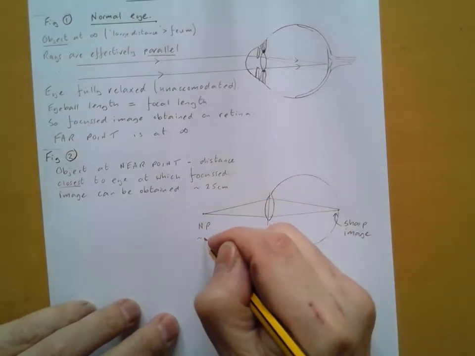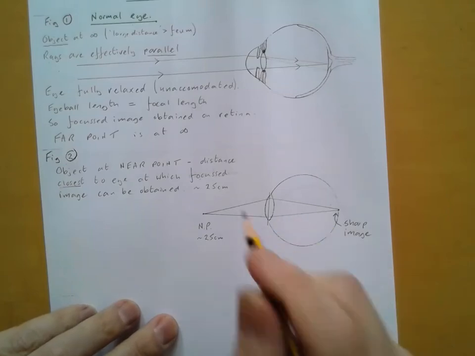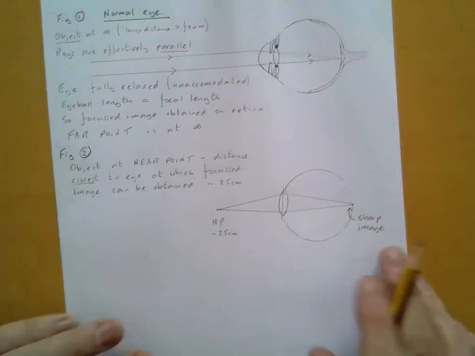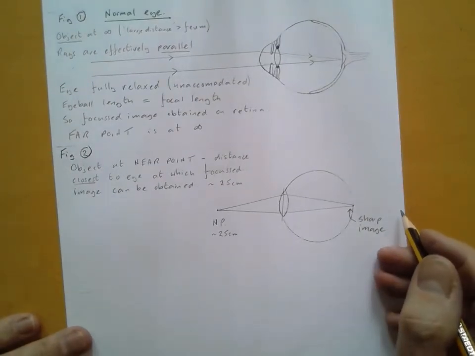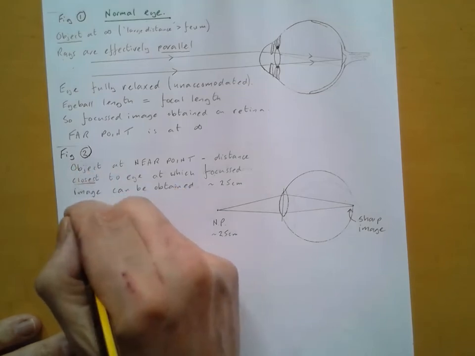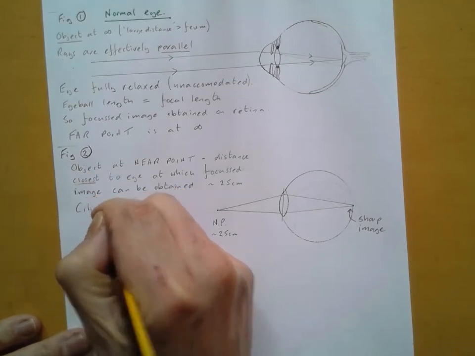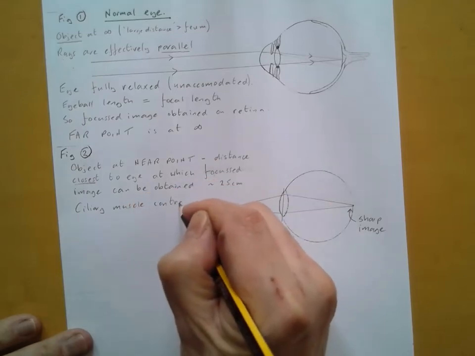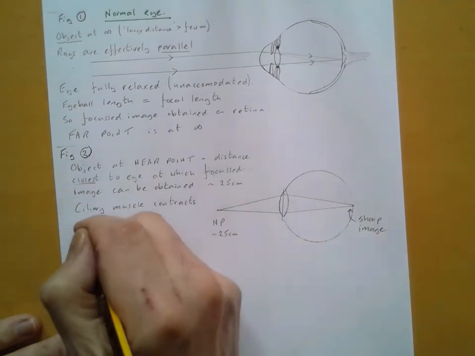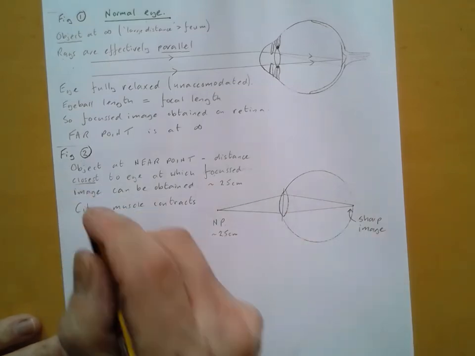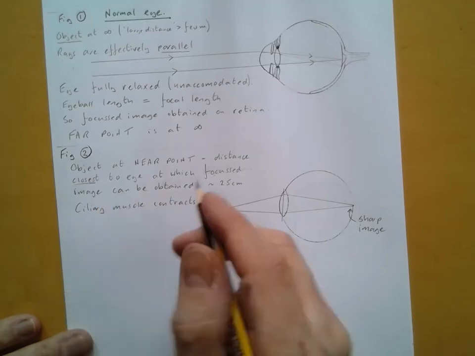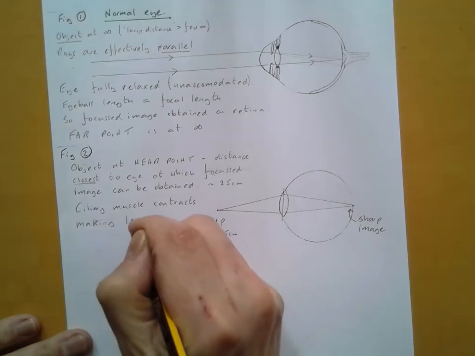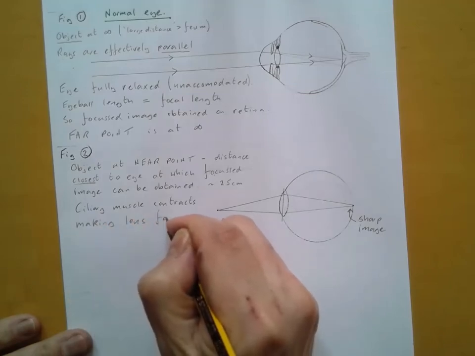So the near point, approximately 25 centimeters from the eye, that's the shortest distance at which a focused image can be obtained. And the way that the eye is doing that is that the ciliary muscle contracts, making the lens, well, I'm going to say fatter.